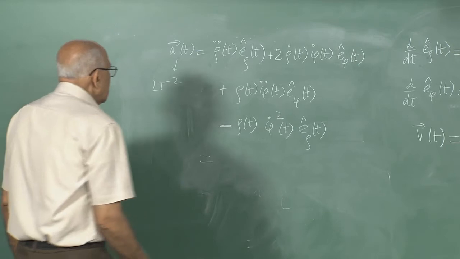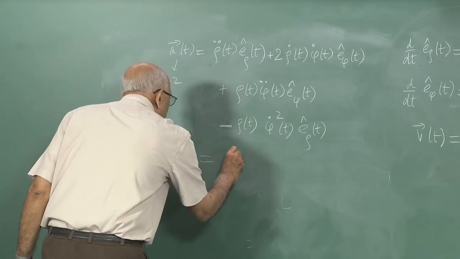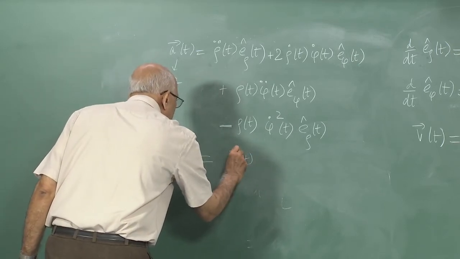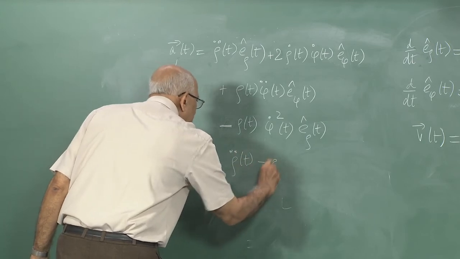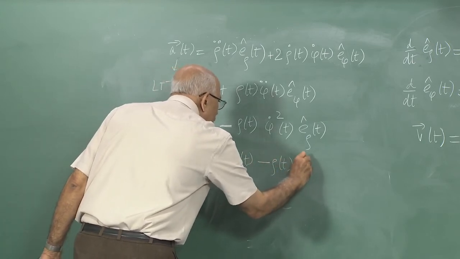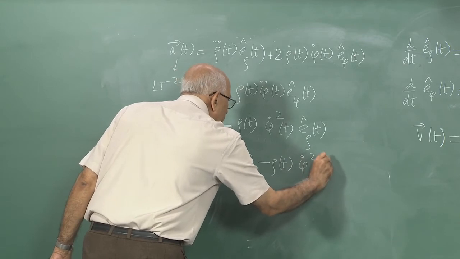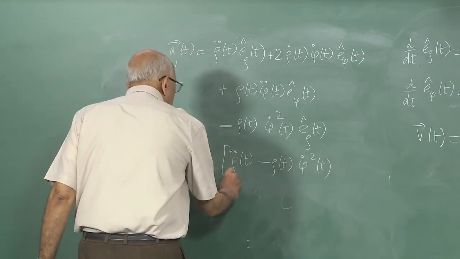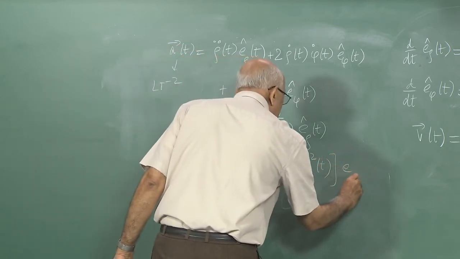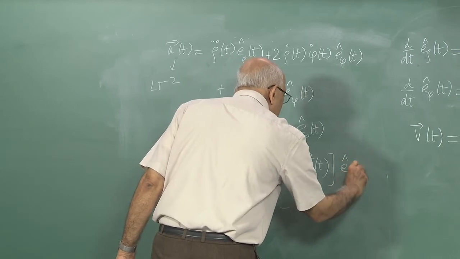Yeah. So this says rho double dot of t minus rho of t phi dot squared of t in this fashion, that multiplies e sub rho of t.